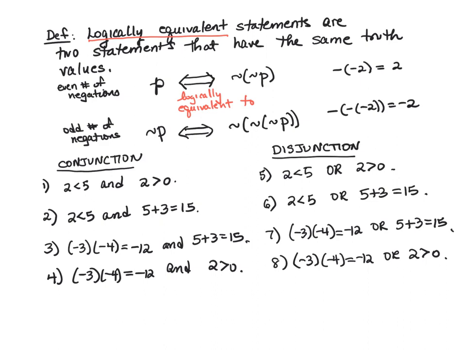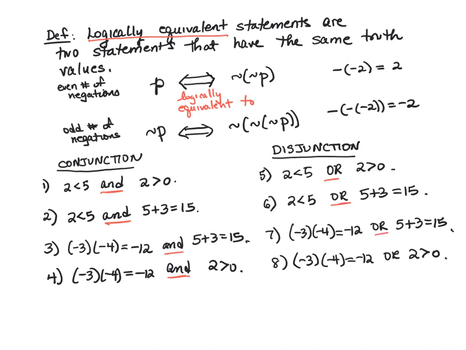A conjunction is a compound statement formed by joining 2 simple statements with the magical word and. That's called a conjunction. A disjunction is a compound statement formed by taking 2 simple statements and putting them together with the word or.